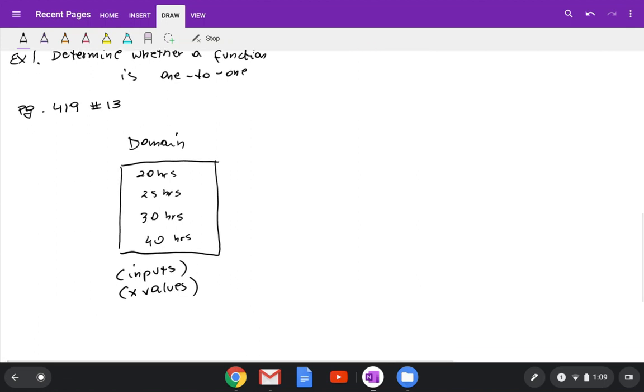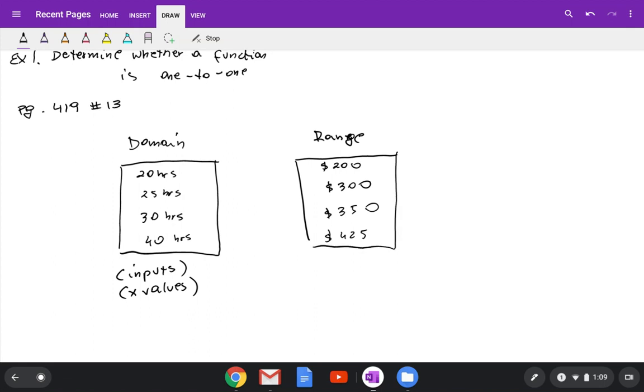And they give you the range. Range is the output. It's going to mean money, how much we make after, let's say, working 20 hours. So here we have 200, 300, 350, 425. Okay, so the range, that's the output, y values.